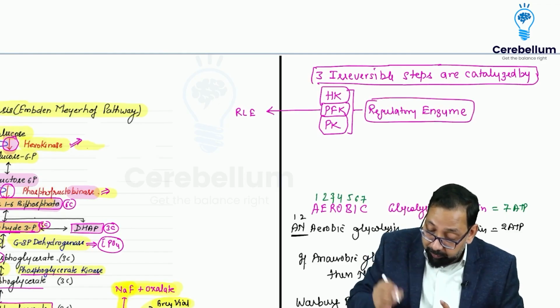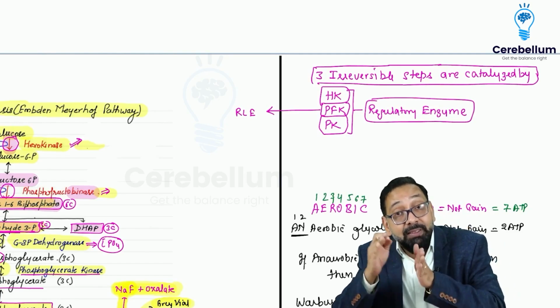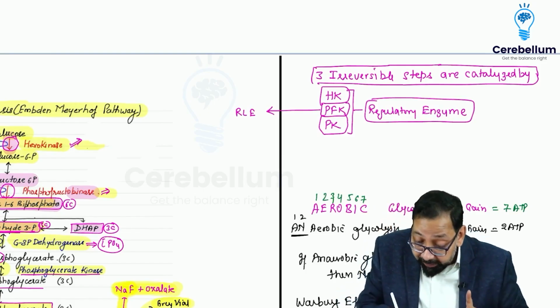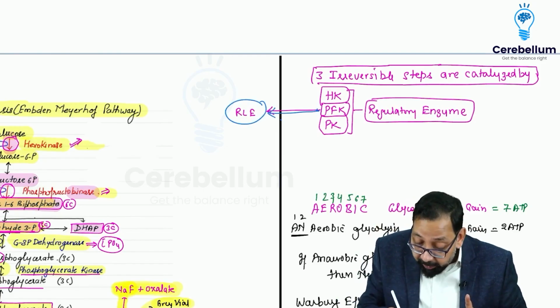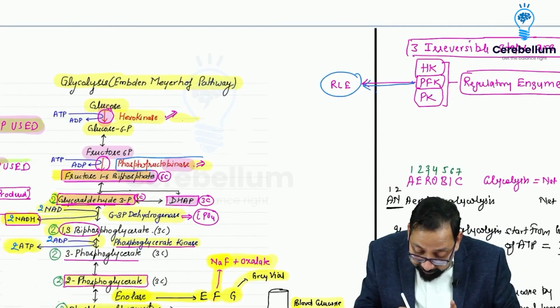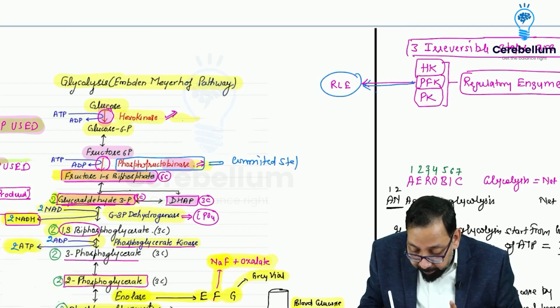Out of these 3 regulatory enzymes, meaning irreversible step enzymes, one is the rate limiting enzyme, that is phosphofructokinase. Phosphofructokinase catalyzes this step. This is also called the committed step, and this is the rate limiting enzyme.